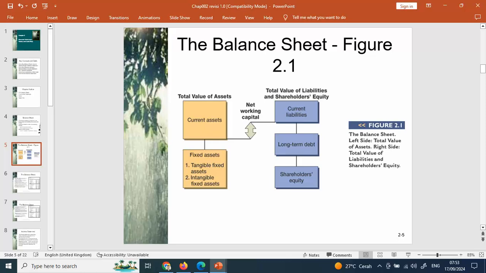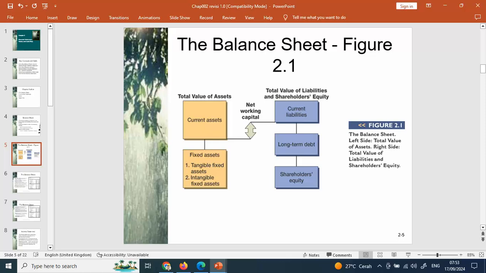Brand name. Coca-Cola, that is an intangible asset. The name of Coca-Cola, McDonald's, is an intangible asset. You cannot touch the name, you cannot hold the name. Bakri is an intangible asset.